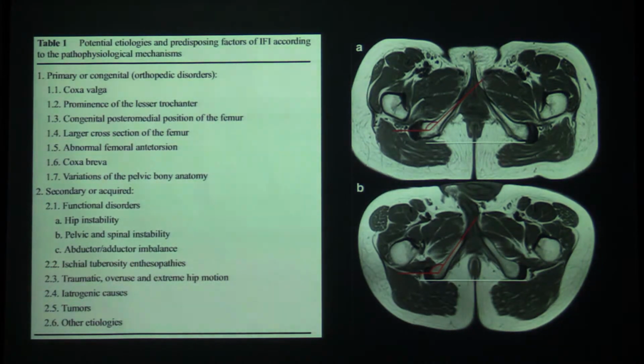Because of the greater angle between the two parts of the pelvis, there's a shorter space between the ischial tuberosity and the femur, leading to a narrower space and a higher likelihood of impingement. Here you have many reasons for impingement, including congenital or primary reasons, or secondary reasons, either how we're built or how we perform.